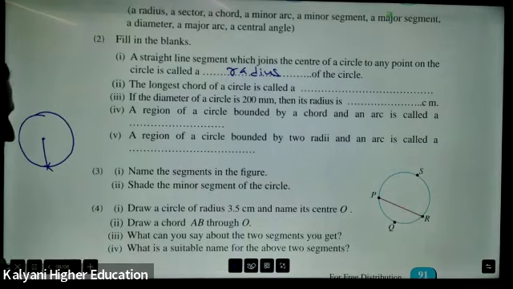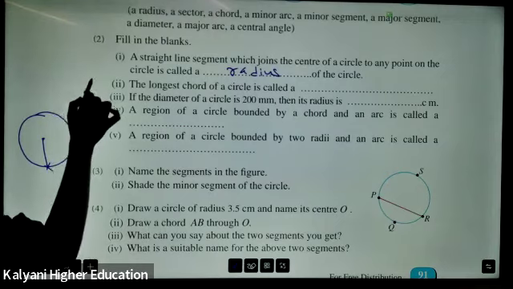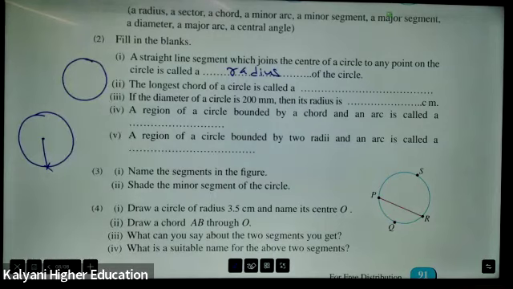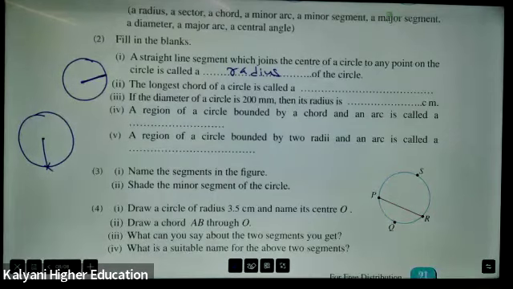Today I forgot to tell something. Did you remember? I said it in the physical class, but I'm saying it again. Here you have a circle. From the center to here I'll join it. Can you tell what is the name of this? Radius.